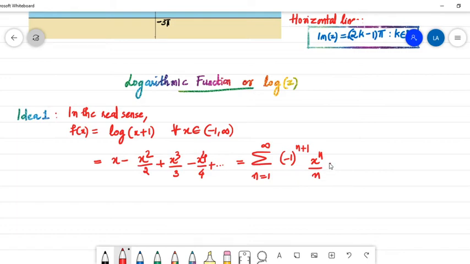This is the power series of the logarithmic function, and also note that it is translated or shifted by 1.